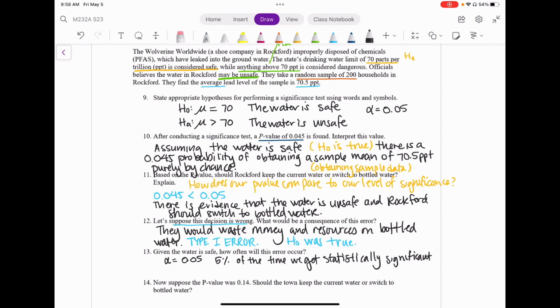Statistically significant means that we have evidence. So a type 1 error is your alpha percentage. It's the willingness that you are to commit an error, or how often you could possibly have an error if the null was actually true based on our level of significance.